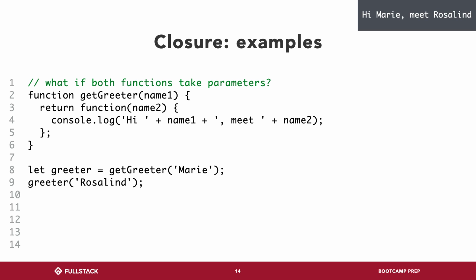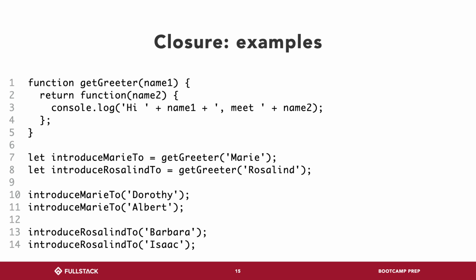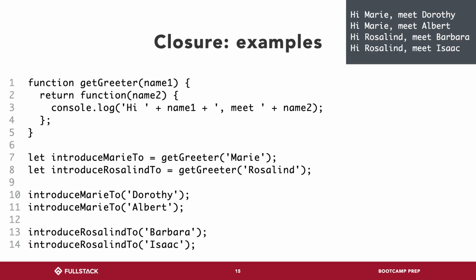This one. I understand how all the greeters link together, but I'm still perplexed by how introduceMaryTo works. How does a greeter know that's her name? If this word said greeter, it would make sense to me. It's literally the same thing, except you're just calling the variable a different name.